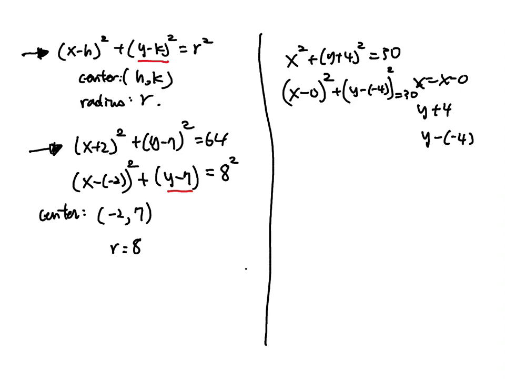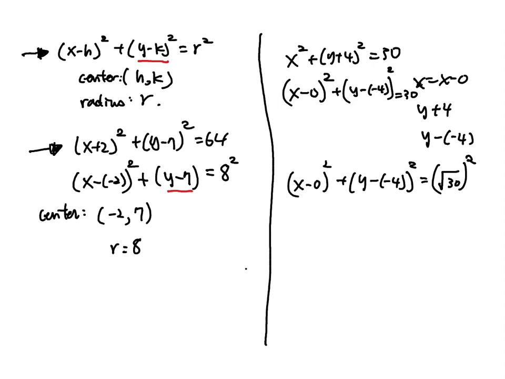So again: x minus 0 quantity squared plus y minus a negative 4 quantity squared equals. Now, I know 30 is not a perfect square, but we're in Math 110, so we're just going to deal with non-perfect squares. So this is the square root of 30 quantity squared.